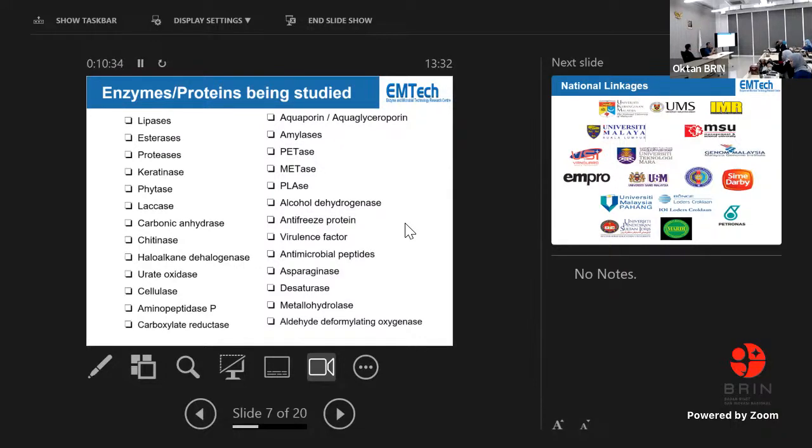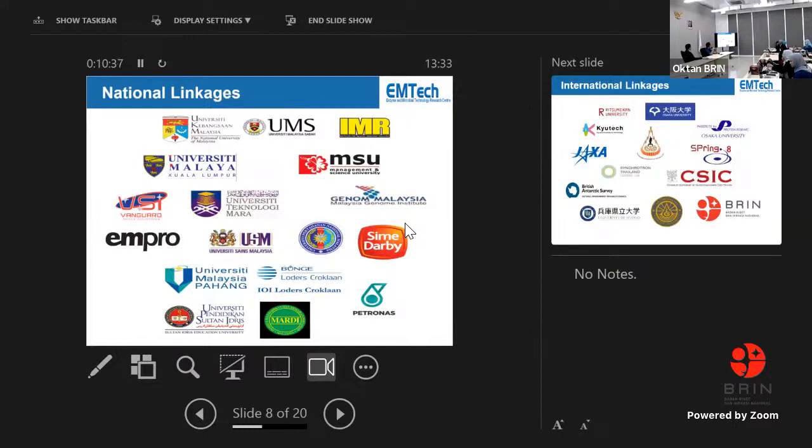Next, some quick information about our linkages. What we are doing now with BRIN and this Research Center for Applied Microbiology is very important.